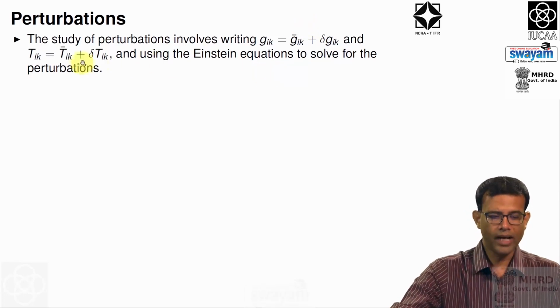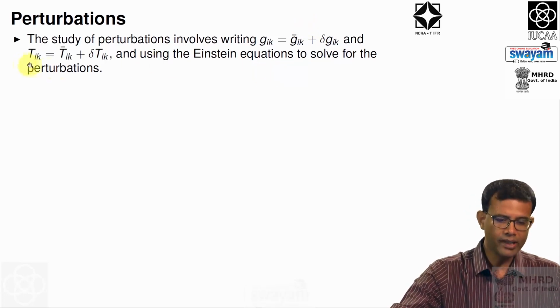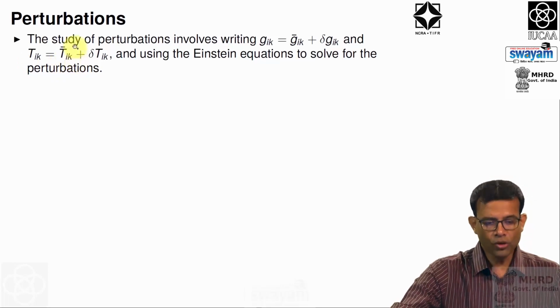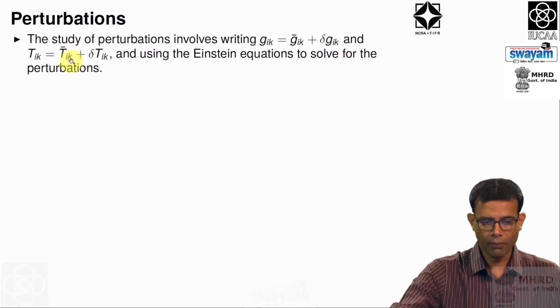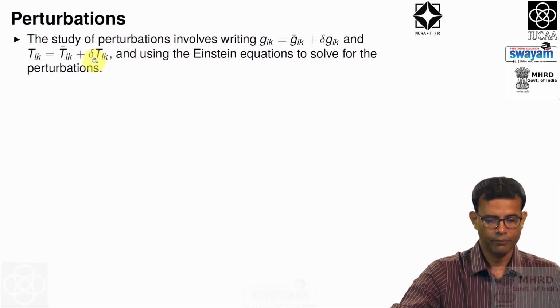Similarly, one should also write the stress energy tensor as a smooth part, which we have already talked about while doing Friedmann equations, plus a perturbed part, which we have denoted by delta T_ik.